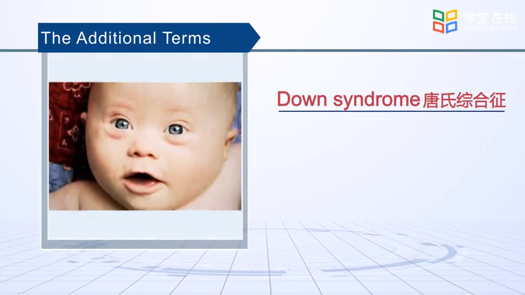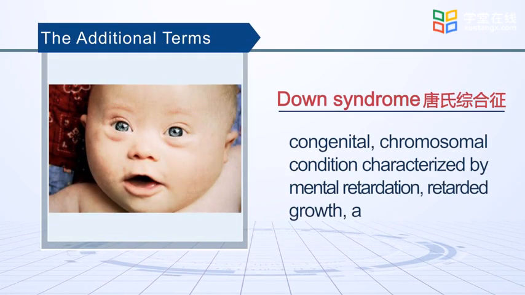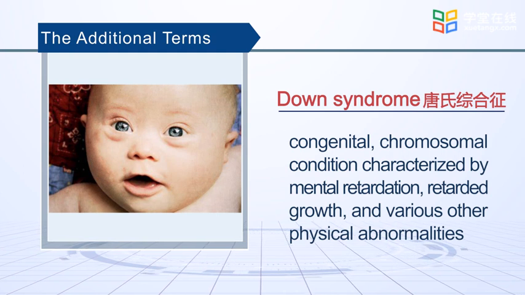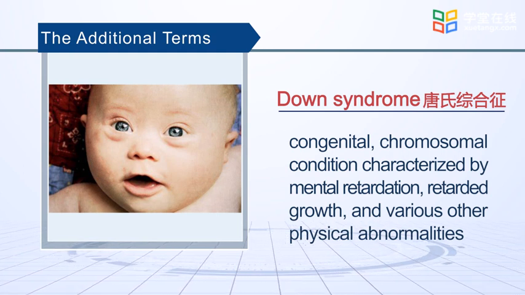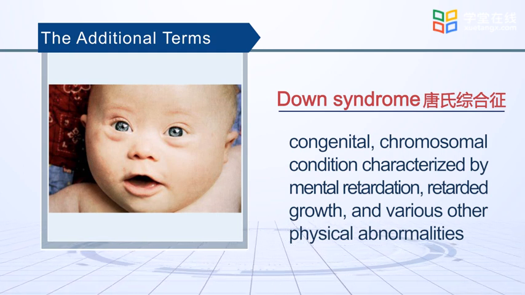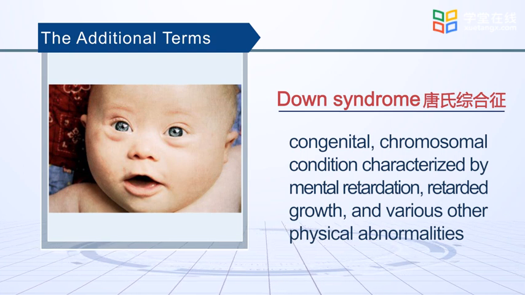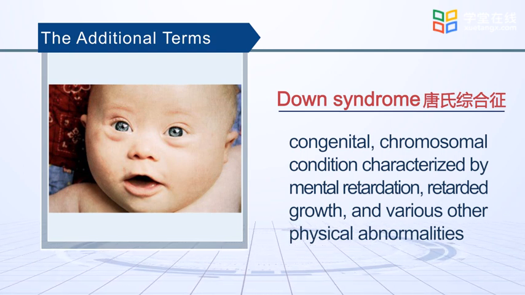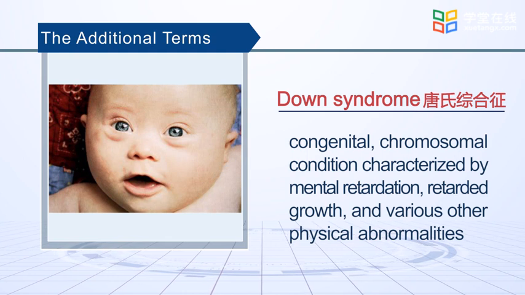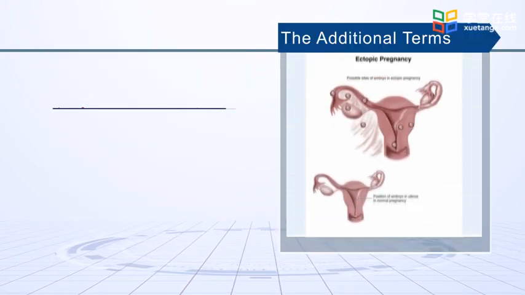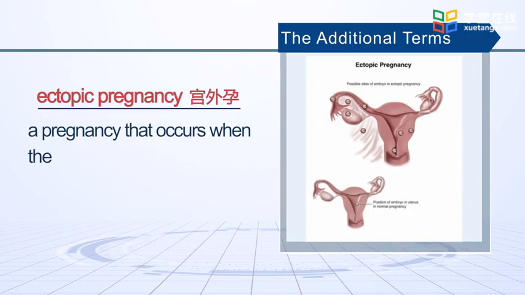Down syndrome. It is a congenital chromosomal condition characterized by mental retardation, retarded growth, and various other physical abnormalities. Ectopic pregnancy.